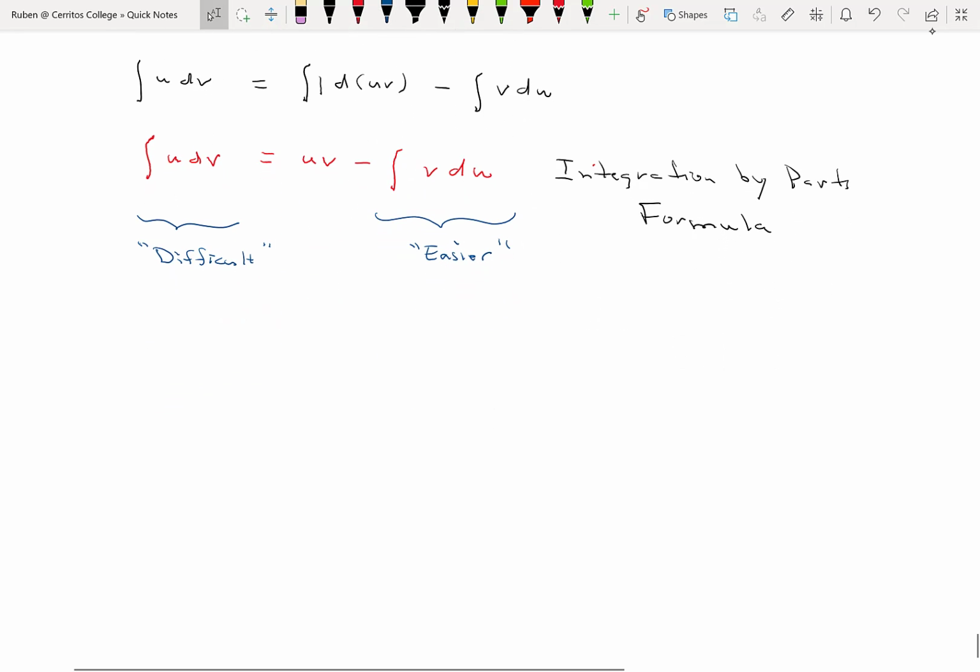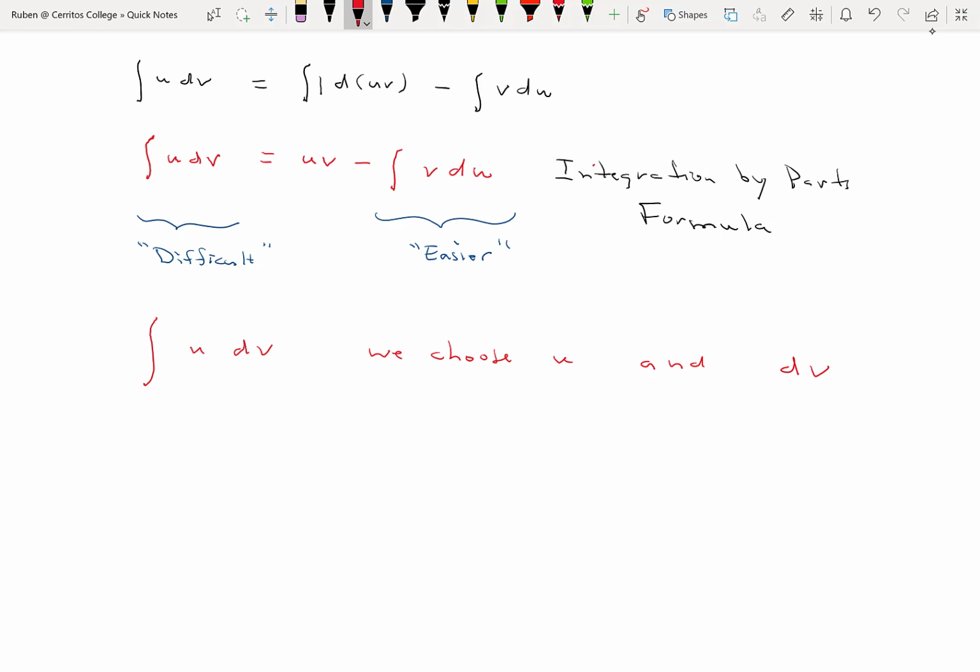Now, you notice on the left, we start with the integral of u dv. We have to identify those two things. We have to pick, we choose u and dv. Okay, now a big question, a really, really big question, is how do we do that? How do we make the selection of u and v?